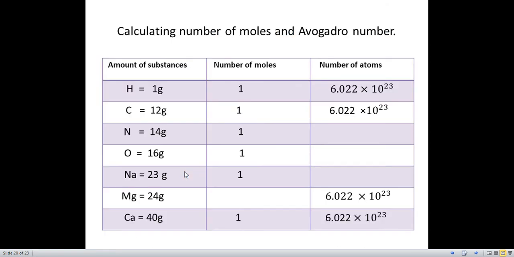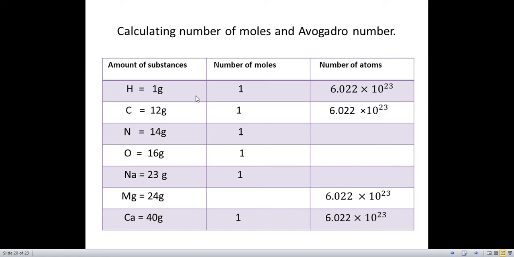Calculating number of moles and Avogadro number. I have taken both together here, then it's easy for you to understand. If you take hydrogen 1 gram, carbon 12 grams, nitrogen 14 grams, oxygen 16 grams, sodium 23 grams, magnesium 24, calcium 40 grams, mass number in grams, they have an equal number of moles.